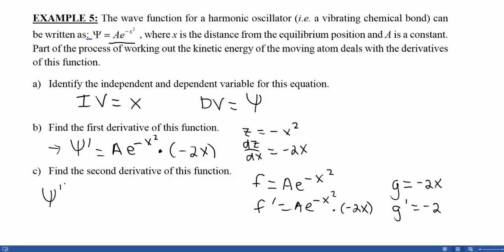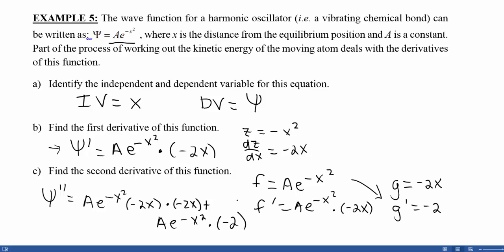Remember, we're calculating the second derivative. So we have a e to the negative x squared times negative 2x times negative 2x plus f times g. That's going to be plus a e to the negative x squared times negative 2.